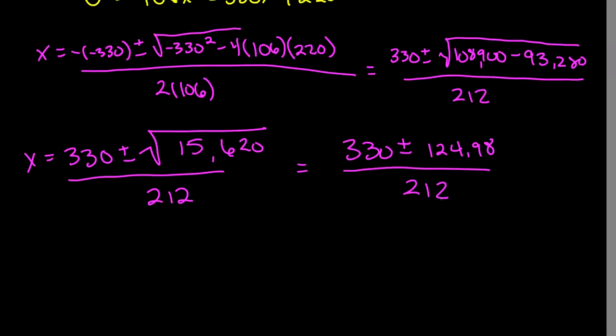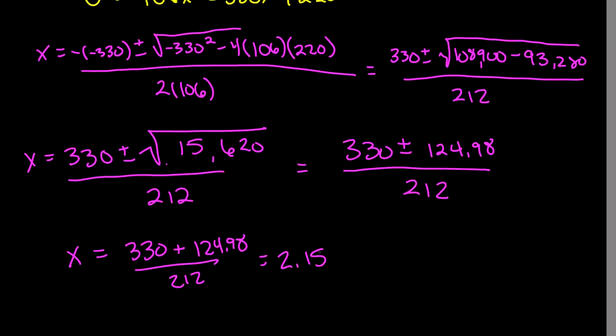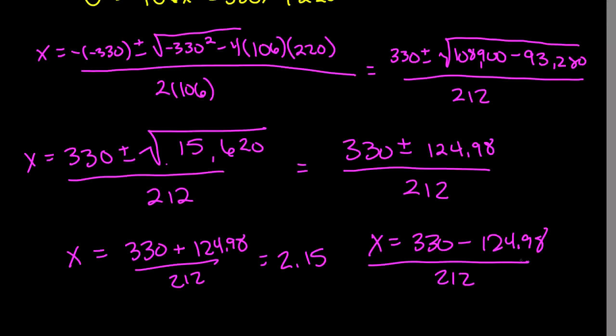All right, to find x, we've got to do 2 steps. So 330 plus 124.98 over 212 gave me 2.15. The other version is x equals 330 minus 124.98 over 212. Let's see what we get. So 330 minus 124.98 divided by 212 gives me 0.97.